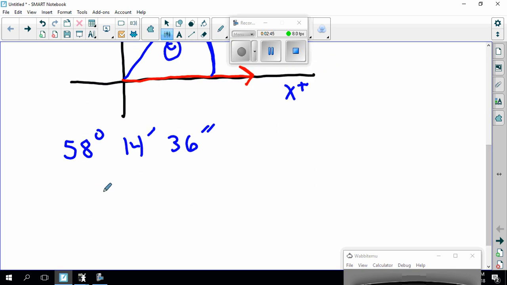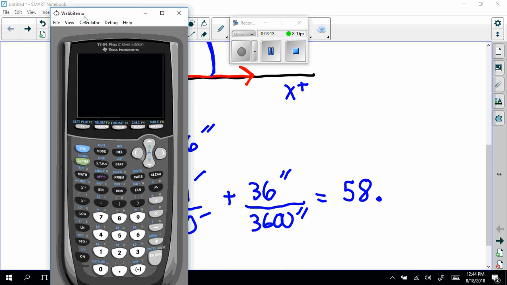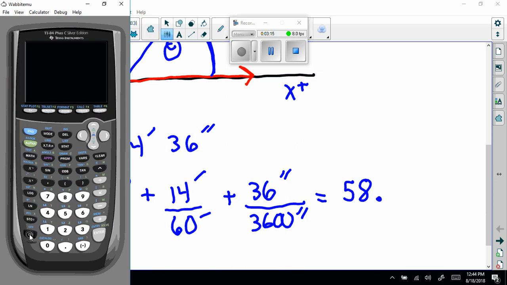All this really is 58 degrees plus 14 minutes out of 60 minutes in 1 hour, plus 36 seconds over 3,600 seconds in 1 hour, and we get 58 point, well, let's get out the TI-83/84.